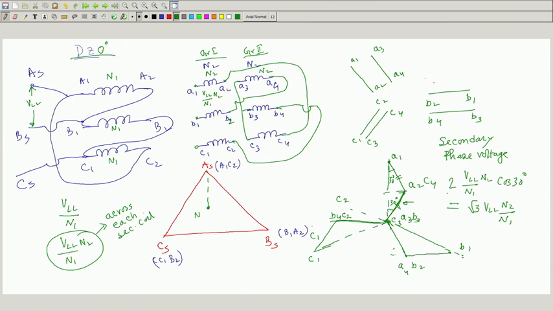And what will be the line to line voltage available on the secondary side? Root 3 times this phase voltage, this one being the phase voltage. So, the secondary line to line voltage will be root 3 times this, root 3 VLL N2 by N1.